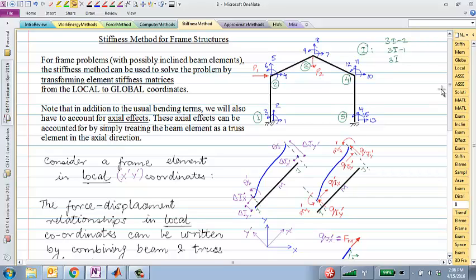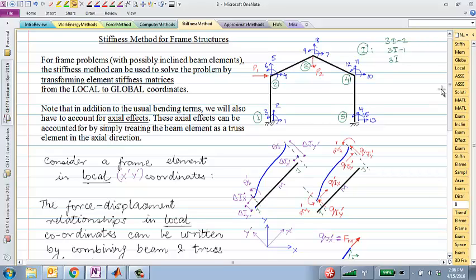Let me ask you this. I have a frame element oriented in some random direction, okay? In the local coordinate system of that frame, if I were to apply a displacement of delta i here, then what would be the forces at the 2 ends?